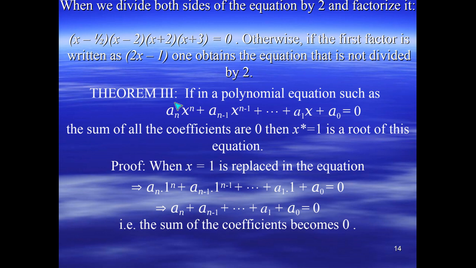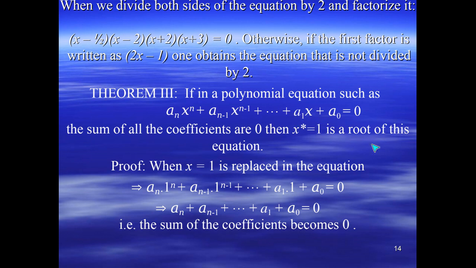So theorem 3 says, if in a polynomial equation such as a_n x to the power n plus a_(n-1) x to the power n minus 1, etc., up to a_1 x plus a_0 equals 0, a polynomial equation, where a_n is not necessarily 1, the sum of all the coefficients, a_n plus a_(n-1), etc., a_1, a_0, if you obtain 0, then x star equals 1 is a root of this equation.